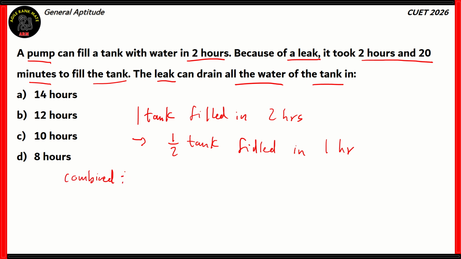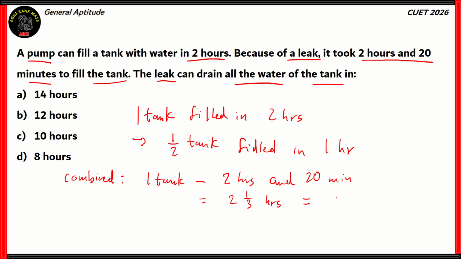Now the combined rate is basically what happens if you fill the tank but there is a leak in the tank. So in the combined rate, one tank takes 2 hours and 20 minutes. Or if you look at it, it'll be 2 1/3 hours.